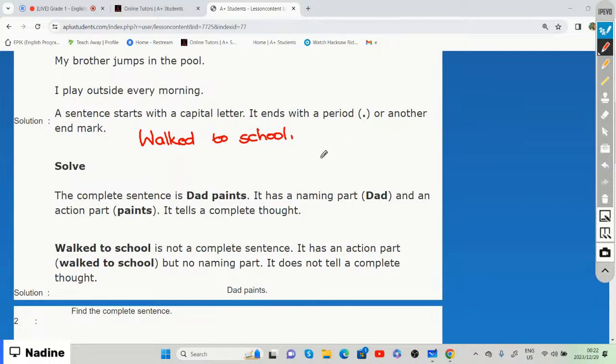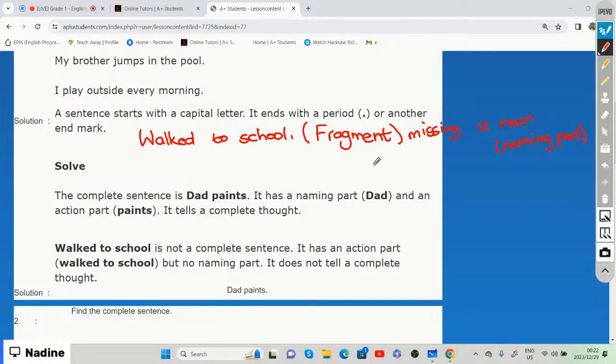All right, so if we look at this, then we can say "walked to school." So the question is who walked to school, right? Which means that this is a fragment, or sentence fragment, right? And it is missing a noun, which is called a naming part.